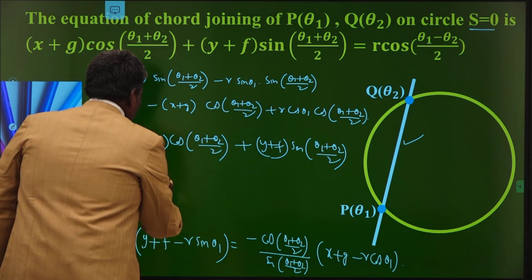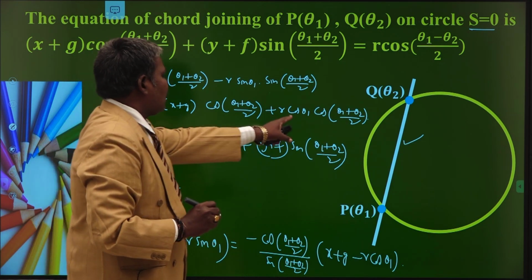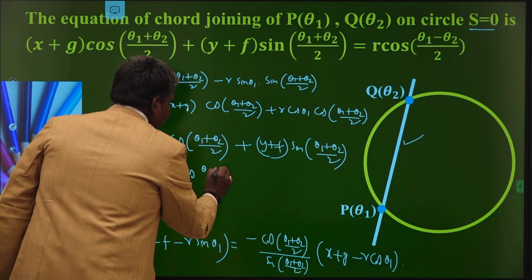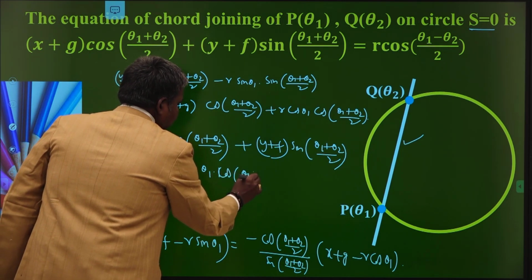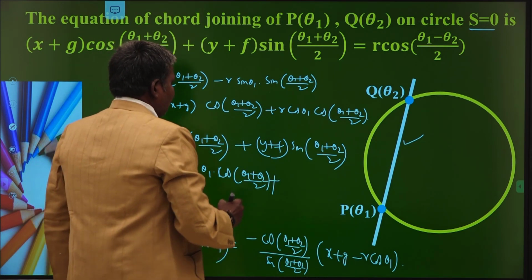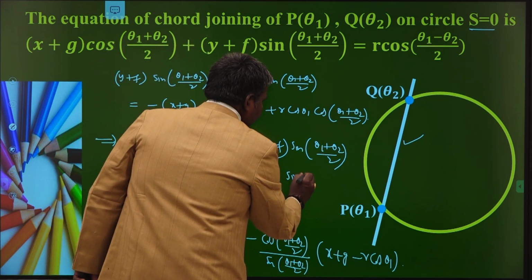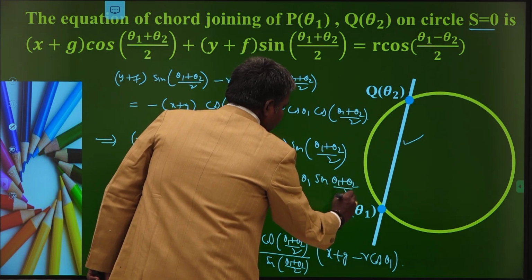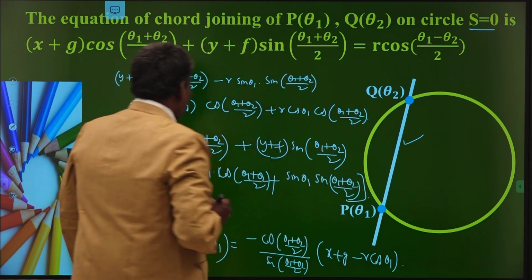You may take common r times of cos θ1 cos((θ1+θ2)/2) plus sin θ1 sin((θ1+θ2)/2). Am I correct or not?